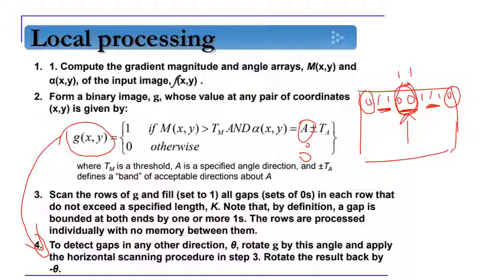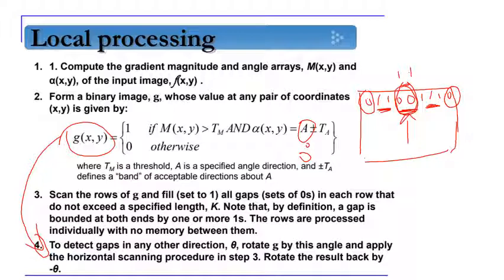We have to remember again that in local processing, we are only considering the neighborhood of the pixel and calculating the similarities in terms of magnitude and direction. Each pixel is compared with its neighbor for magnitude and direction, and if that matches, only then is it considered an edge point. And even if some edge points are missing, we fill them with ones by checking the specified length.